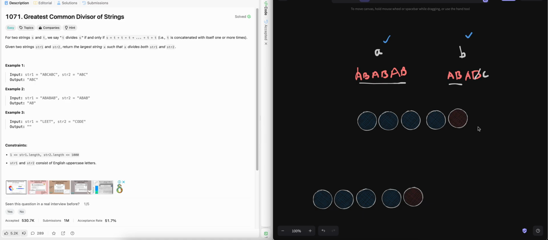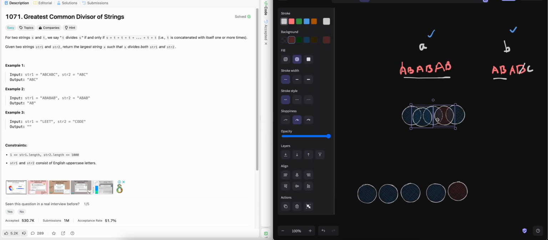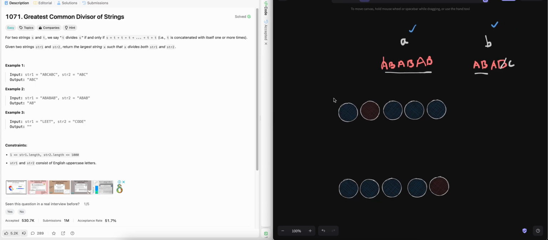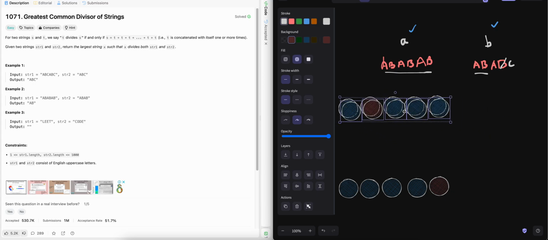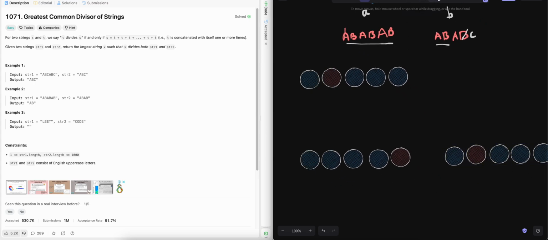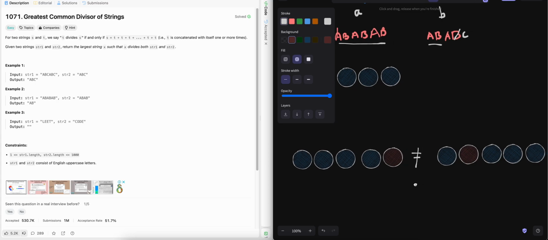Now if I try to add the same B string in front of the A string, it looks something like this. Let me duplicate it also. Now it looks something like this. So we can clearly see that these two are not equal.